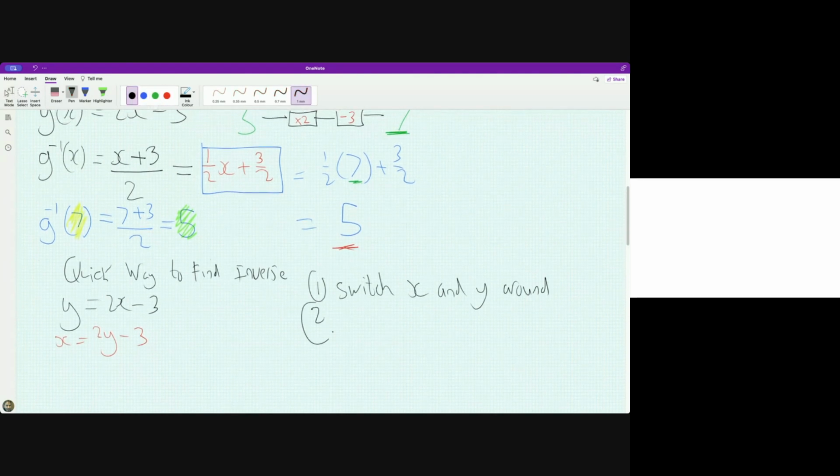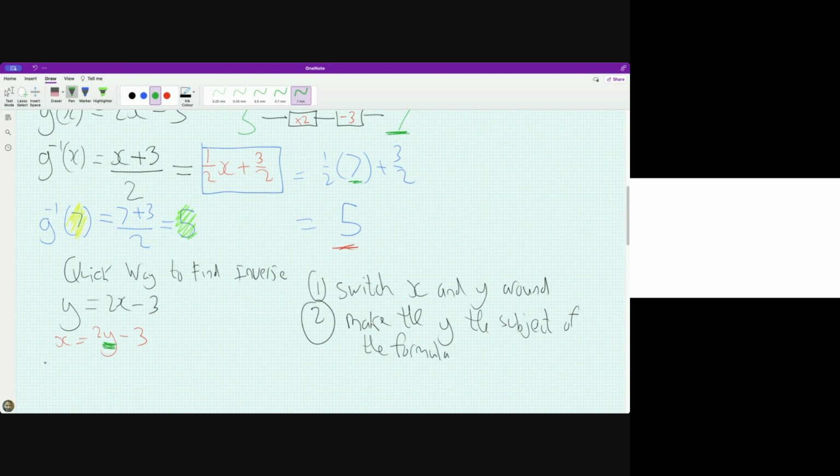Okay, here's step 2. Step 2 is make the y the subject of the formula. So at the moment, the y is connected to the 2. And so what I need to do is get that y by itself.